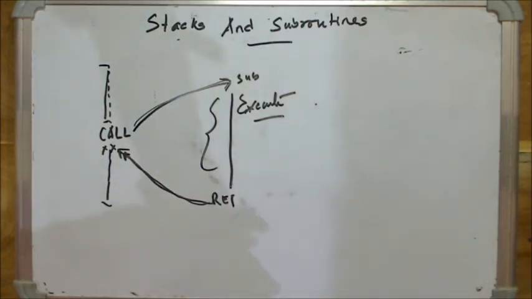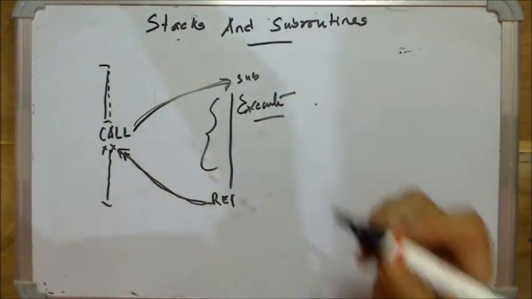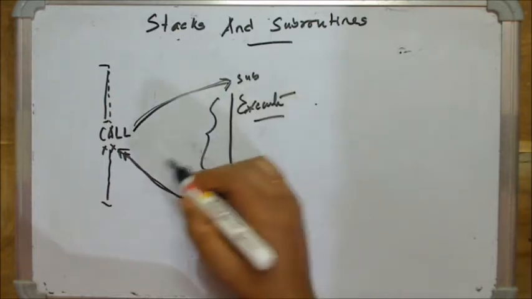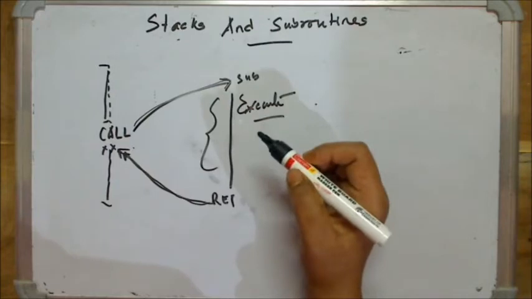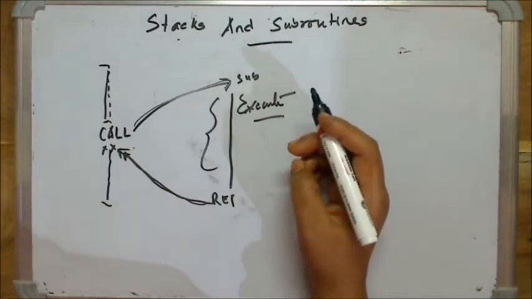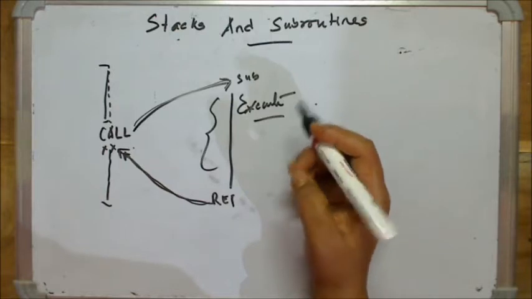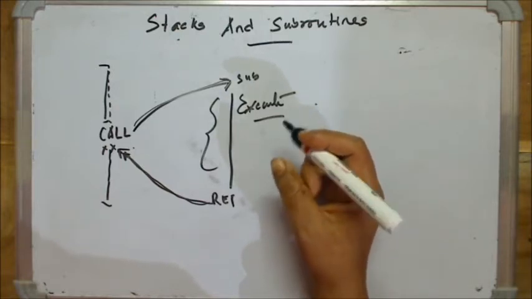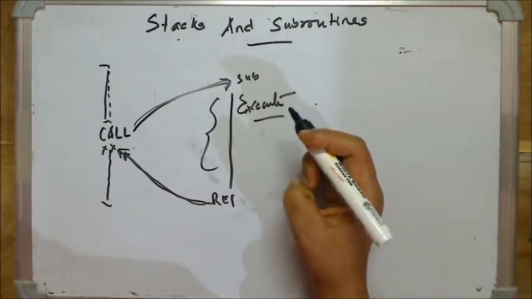So now we must just write why, because this is the subroutine. It can be called from anywhere. This call can be used anywhere. So the microprocessor should store the return address somewhere. Okay, it will store the return address into the stack because right now it does not require the return address, so it will store it in the stack.